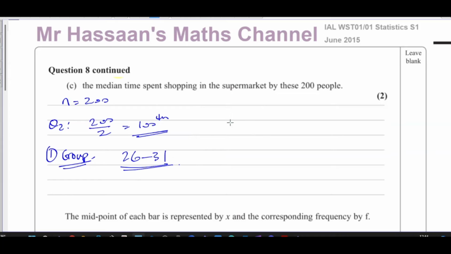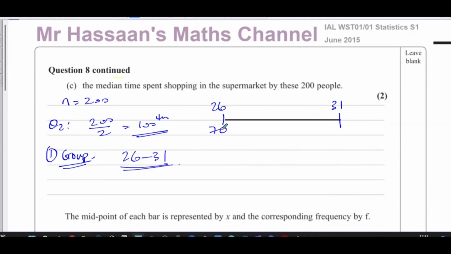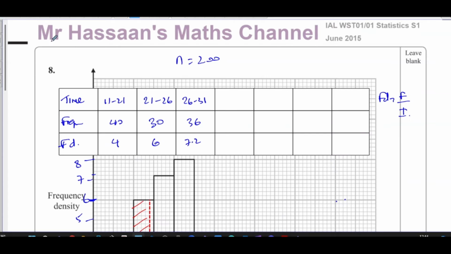So let's make our little diagram. The beginning of this group is 26 in terms of its value for time, and the end of it is 31. There's no gap, so we can leave it as 26 and 31. By the start of the group, we have got to the 70th term. By the end of the group, we've got to the 106th term, because if you do the cumulative frequency, 40, 70, 106.